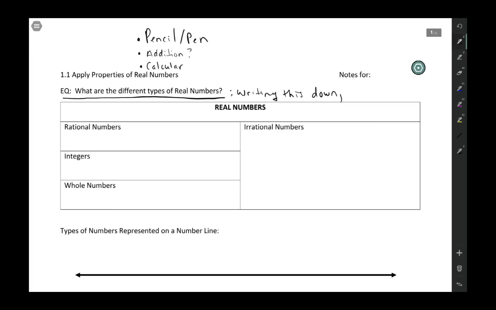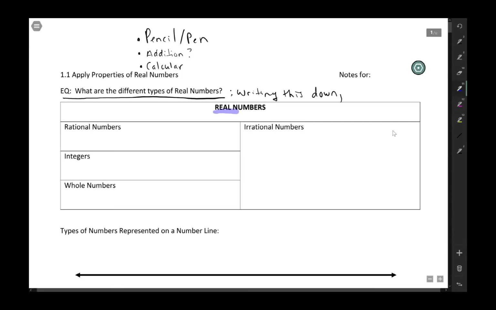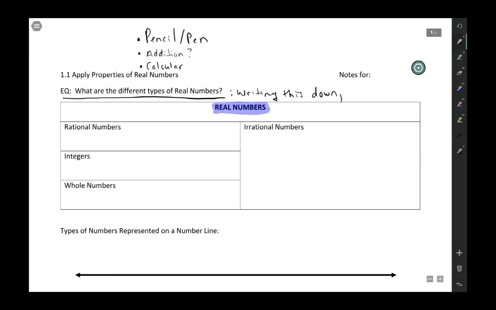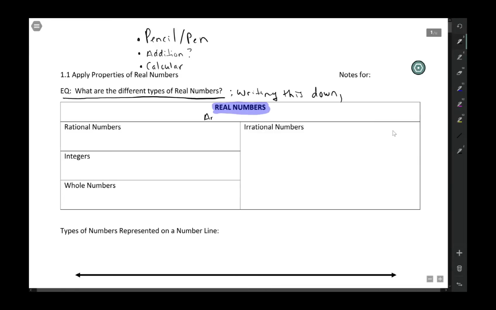So for our class, all we are dealing with are what are known as real numbers. They're real, they're out there, they're ready to find you, and you can see them. They are any type of number, any number. That is the number sign, by the way.